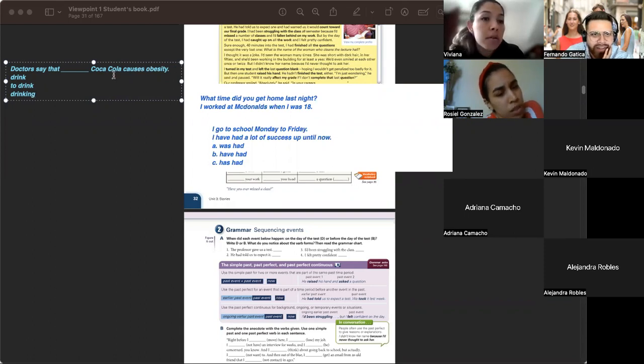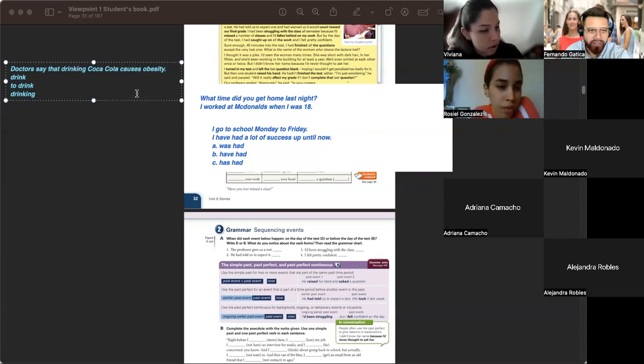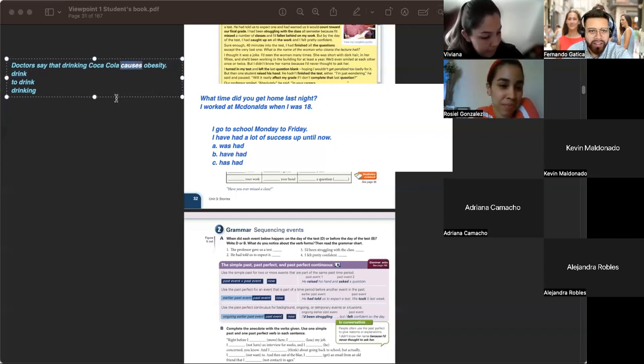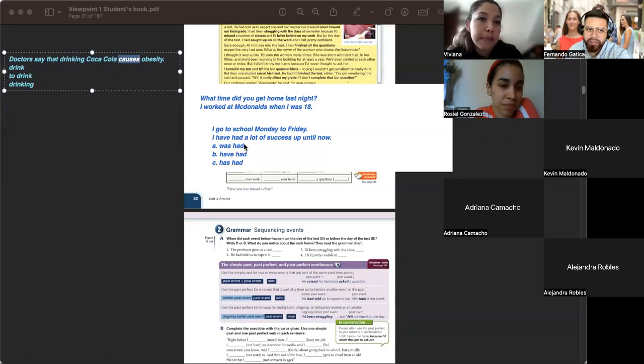Drinking. Very good. Drinking Coca-Cola causes obesity. Why drinking? Why not drink? There is already a verb there. You cannot have two verbs. You need a subject. And the subject would be drinking Coca-Cola.